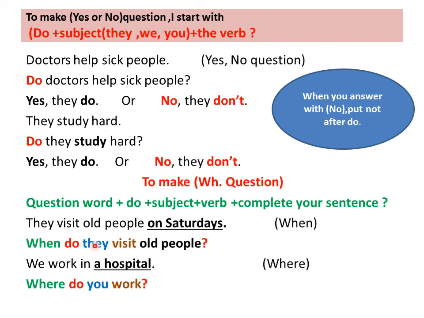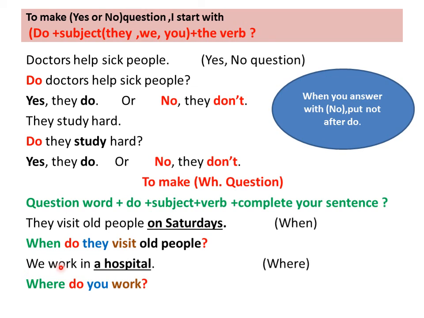What does subject mean? Subject means the person who is doing the action. When do they visit? The verb, then old people. Can I say on Saturdays? No, I'm asking about it. So when do they visit old people? Yes, they visit old people on Saturdays.